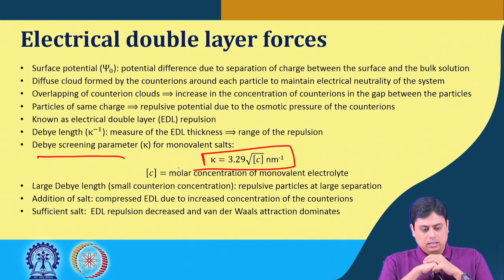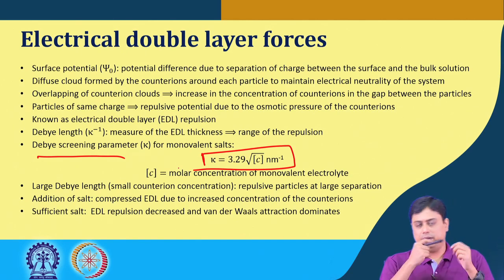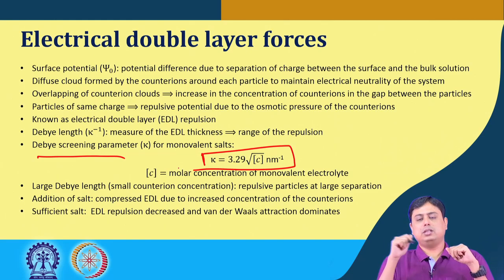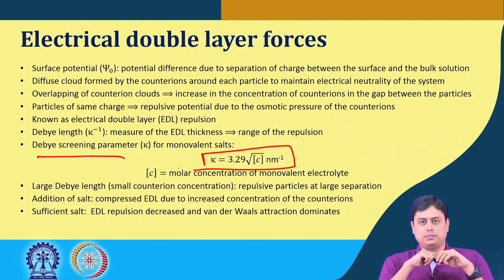So, Debye length provides the measure of this electrical double layer thickness, which also tells us the range of this repulsive force.